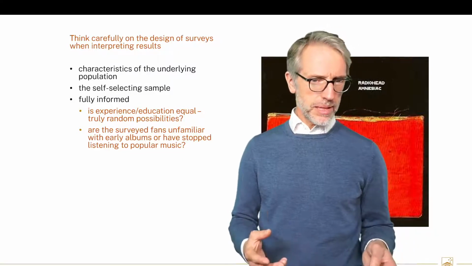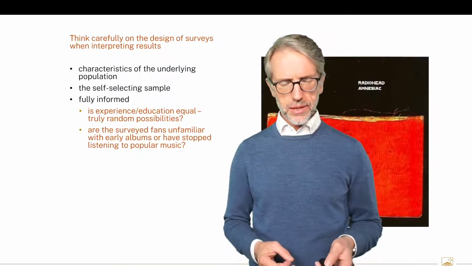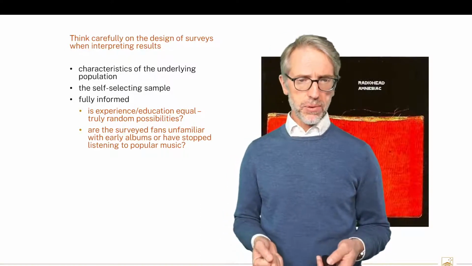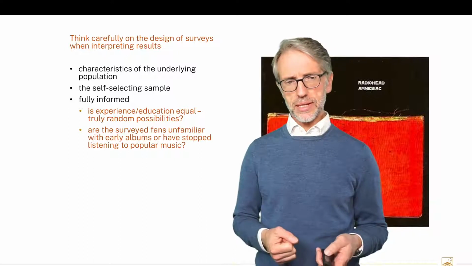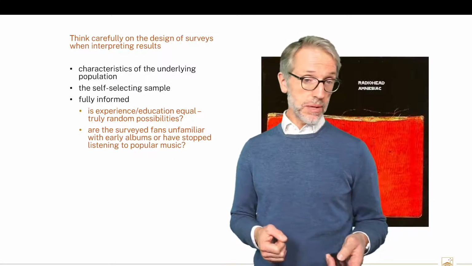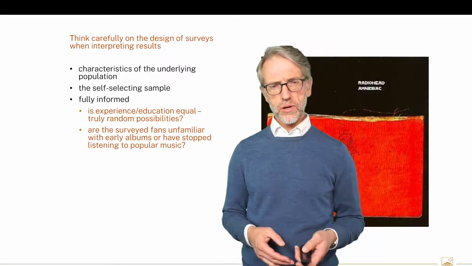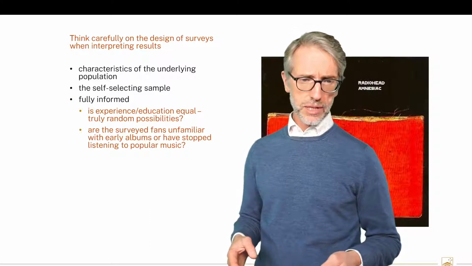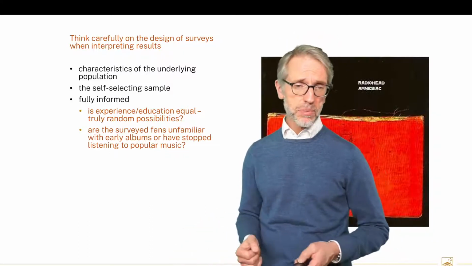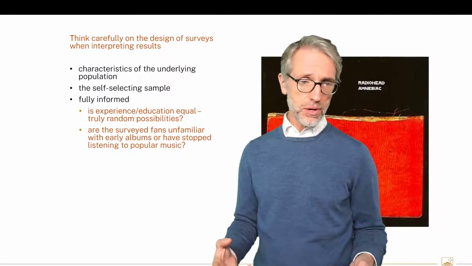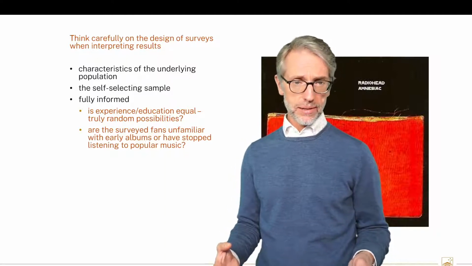So maybe within the population that's surveyed, maybe attributes like age are an important element when it comes to understanding Radiohead preferences. Maybe people who responded to the survey, just like people who respond to surveys all the time, were self-selecting. And maybe within that population too, there is a difference in terms of the experience of Radiohead.